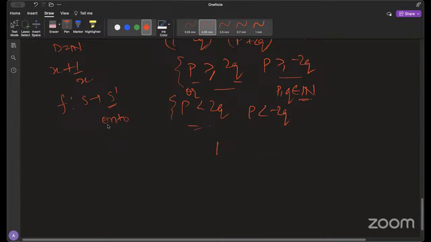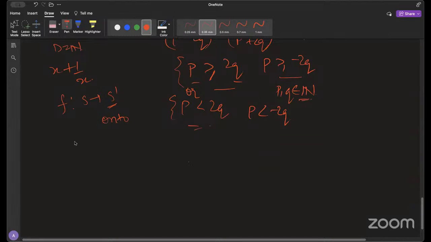You can take the codomain to be anything. The one important thing is that your range should be contained in the codomain, so the codomain should be a superset of the range. Otherwise, it can be anything, unless you want the function to be onto. In that case, your range and codomain need to be the same. Okay.